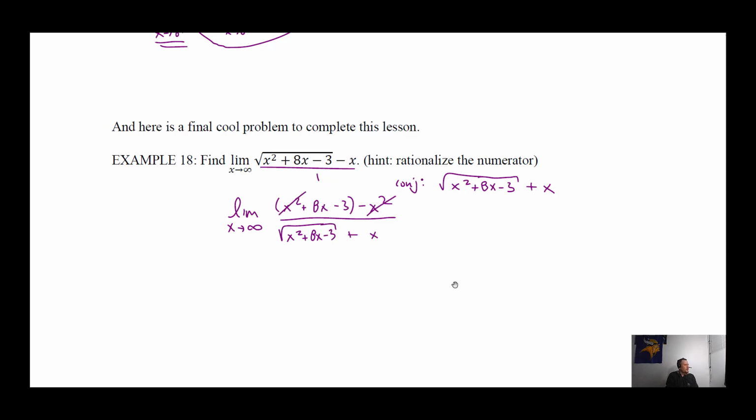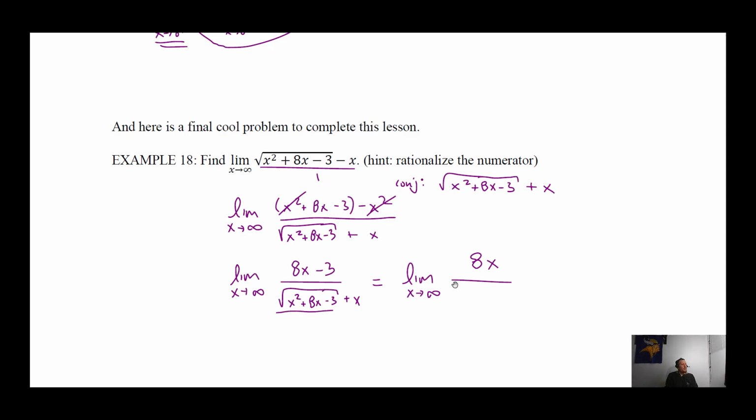A little bit of cancellation there. We get the limit as x goes towards infinity of 8x minus 3 over the square root of x squared plus 8x minus 3 plus an x. Now, dominant term. Limit as x goes towards infinity. Top, 8x dominates.